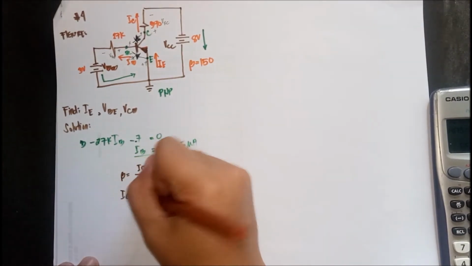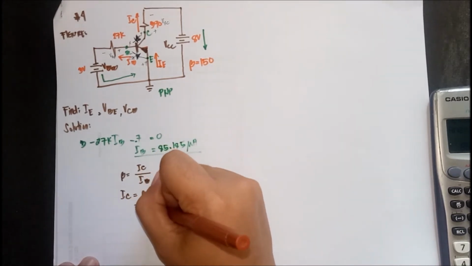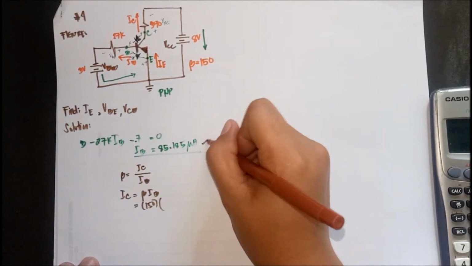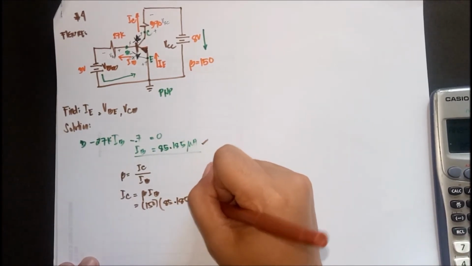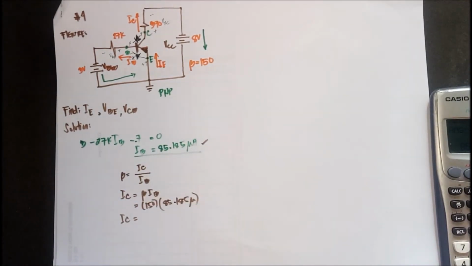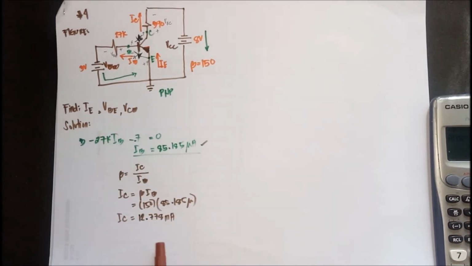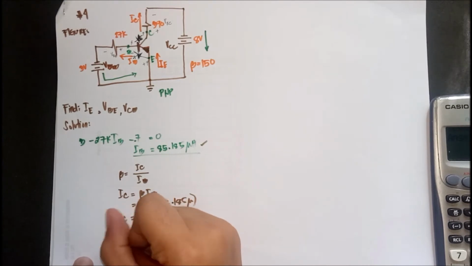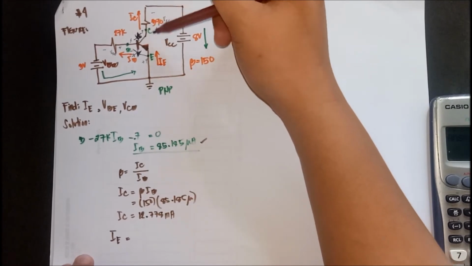Which gonna give us IC is equal to beta IB, which is equal to 150 times IB, which is given na or nakuha na natin na 85.185 micro. So, ang IC ko ngayon ay equal to, pause the video and solve it for yourself. Ayun, our IC is equal to 12.788 milliampere. So, with that, I can now get my IE, which is just simply IE is equal to, ano nga yung IE? IB plus IC.